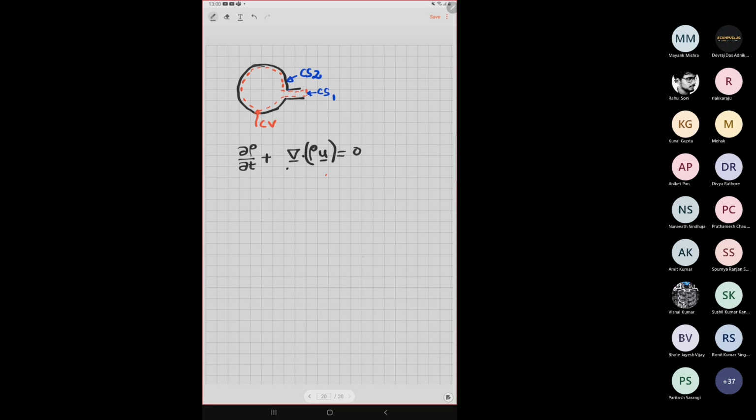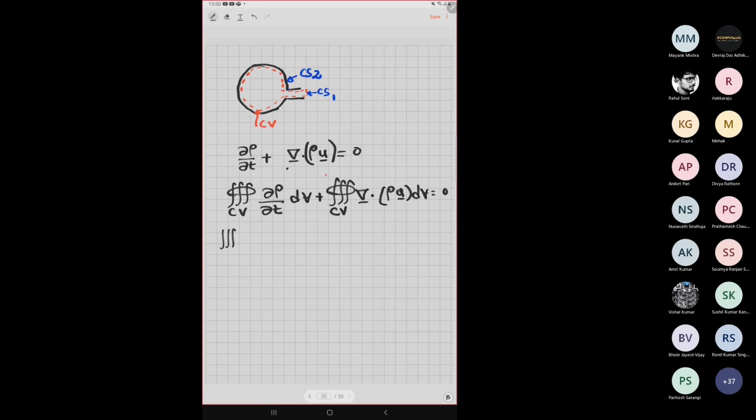Write it at volumetric level: volume integral of del rho by del t dV plus volume integral of divergence of rho U dV is equal to 0 on the control volume.